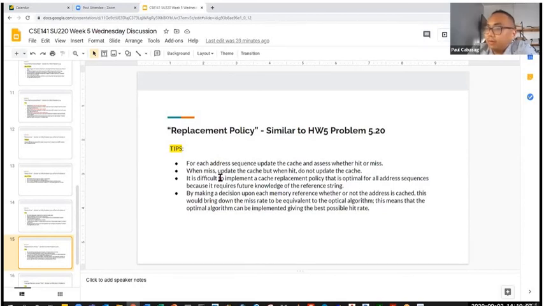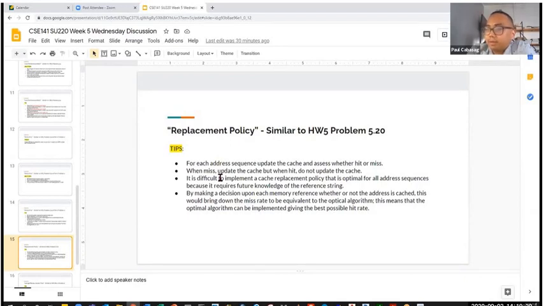So again, you would have to create a table on this one, and then update the cache if you need to. When you get a miss, you update the cache, and when you get a hit, you don't have to. So it just transfers over.